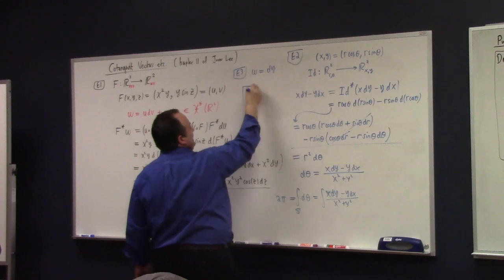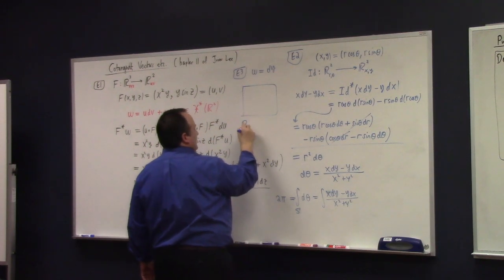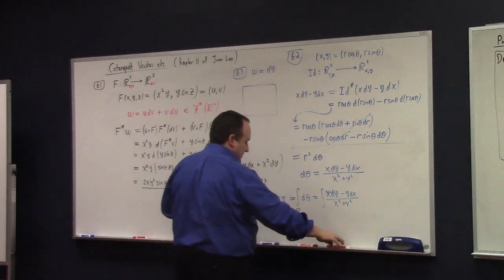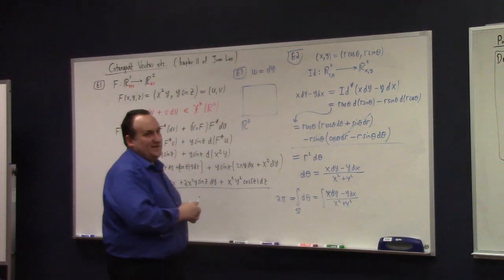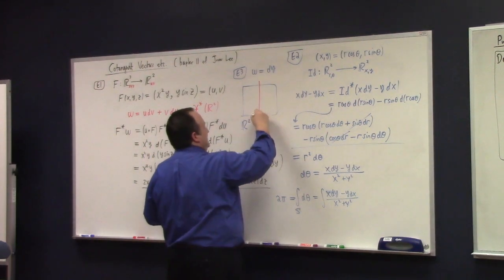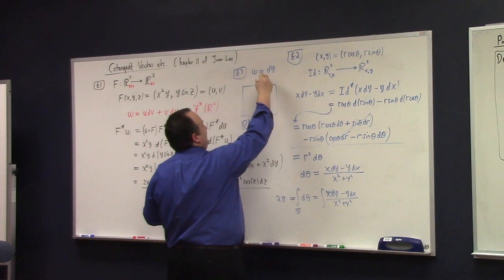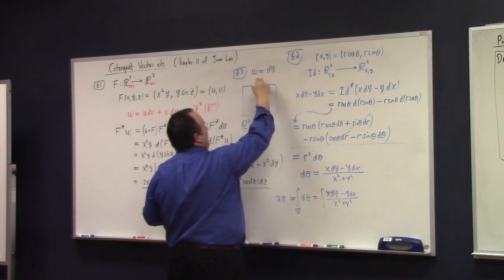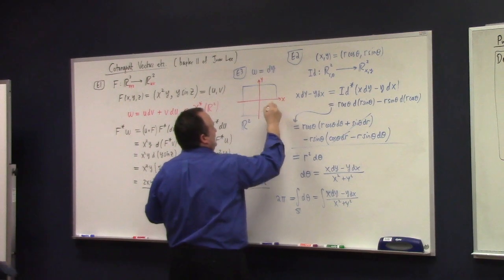So here the manifold is R2, and there are two sort of simple submanifolds to think about. You could think about the y-axis, and you can think about the x-axis.